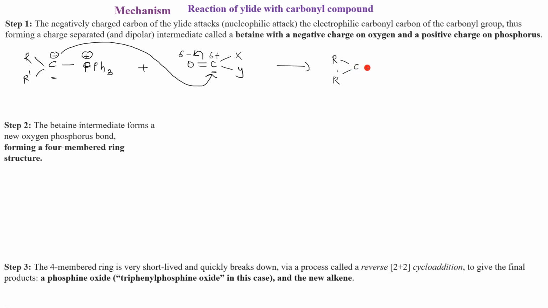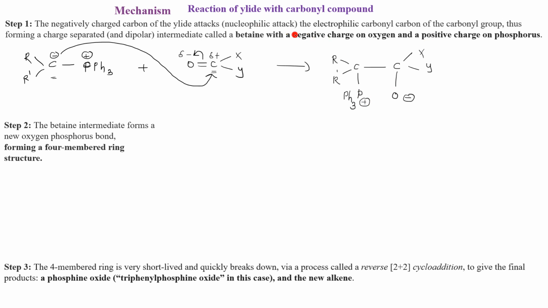Once you get this, we are going to draw an intermediate now. This is your PPh3. This carbon has formed a bond with the carbon over here. This carbon has X and Y as substituents, and this oxygen is over here. So this is negatively charged. This phosphorus is positively charged.